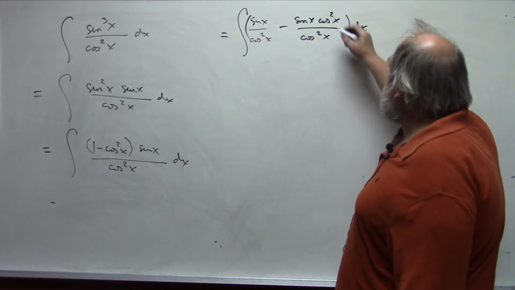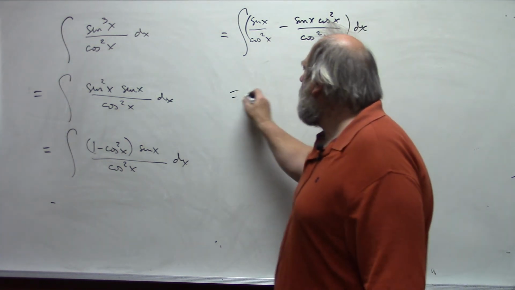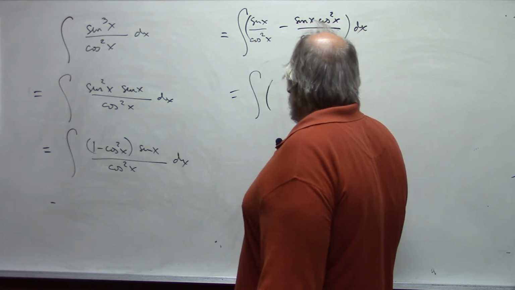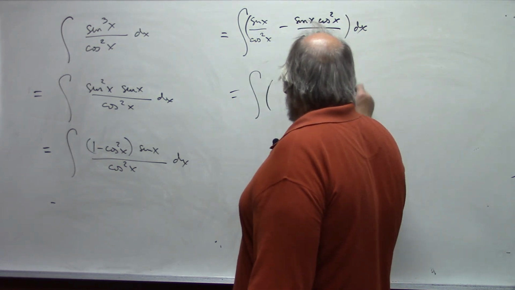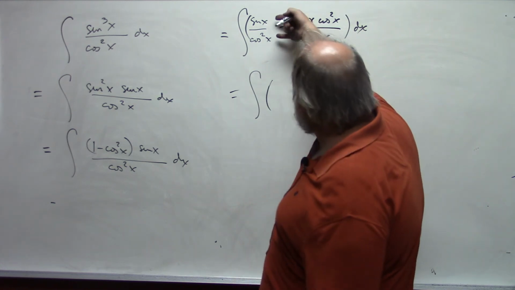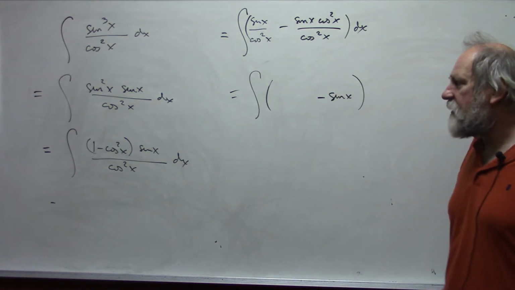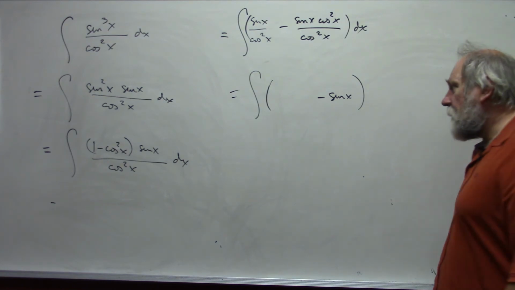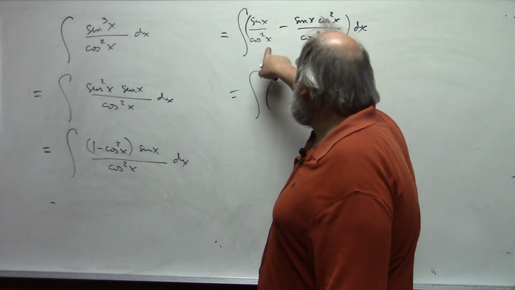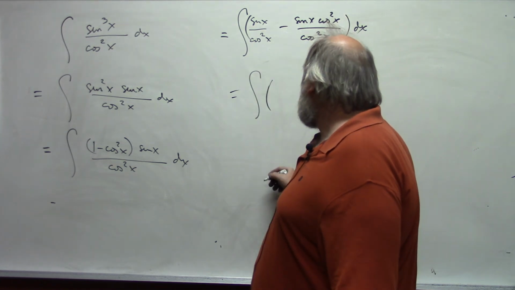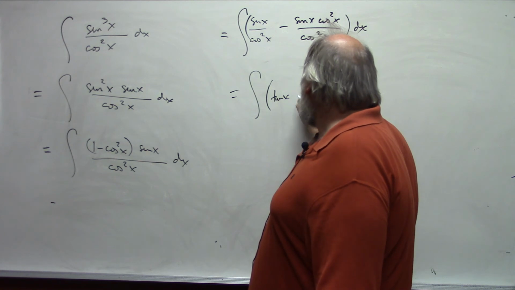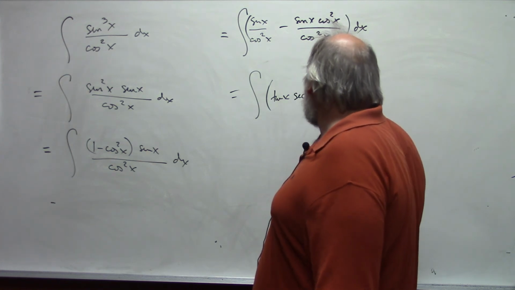The second one here is pretty simple. The second part of this is just sine of x. The first one, hopefully you recognize, is very similar to what I did previously. Sine of x divided by cosine of x is tangent of x. 1 over cosine of x is secant of x.